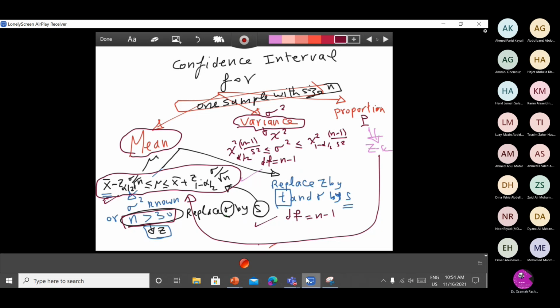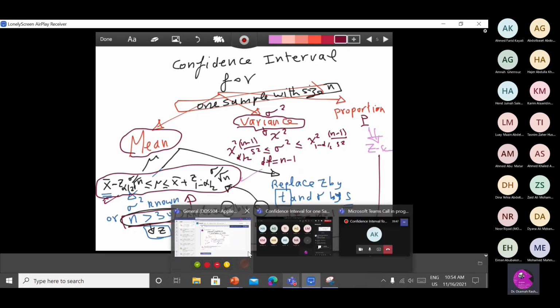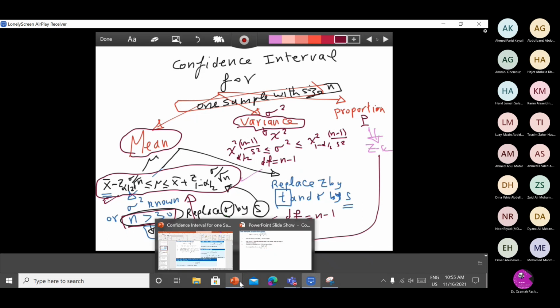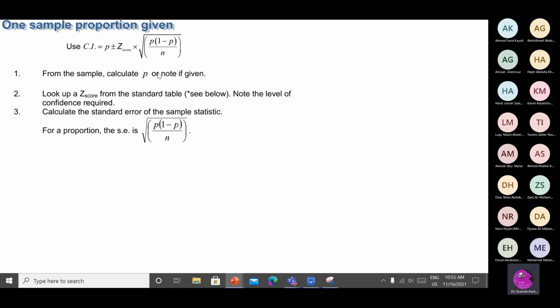So when I replace x bar by NP and replace sigma by root square NPQ, I will have this formula, right? So this is the formula of the confidence interval.